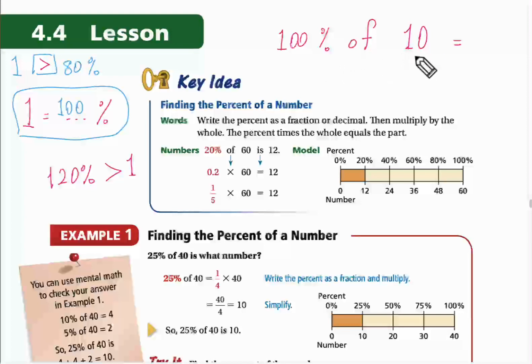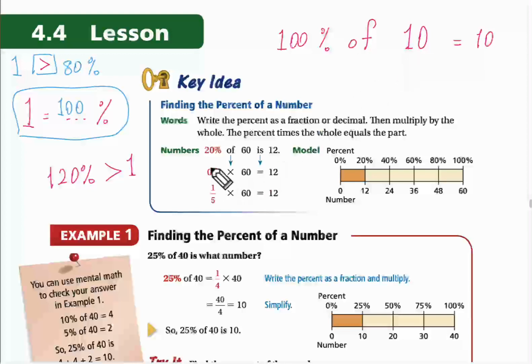So 100% of the 10 is 10. It's not 10%, it's just the number 10. And any percent less than 100 of the 10 should be less than 10.